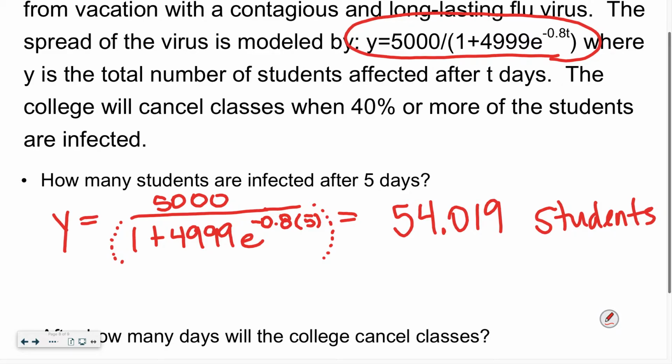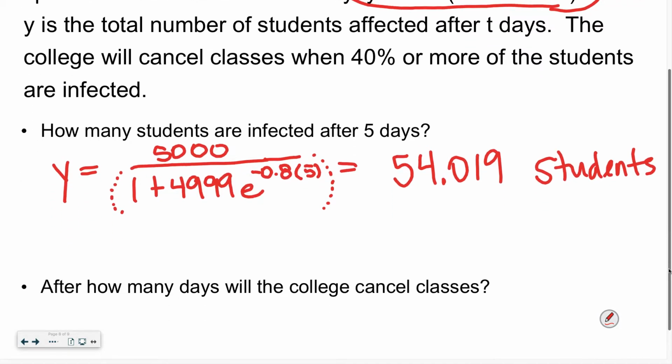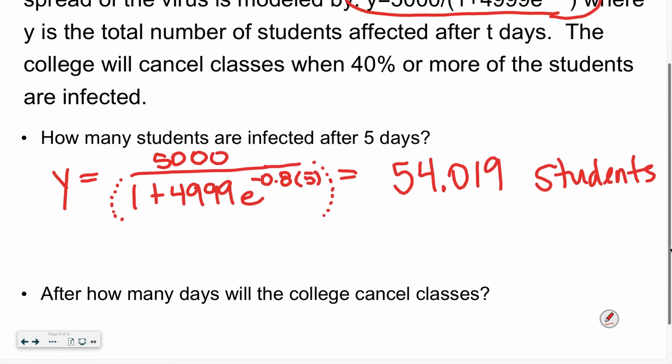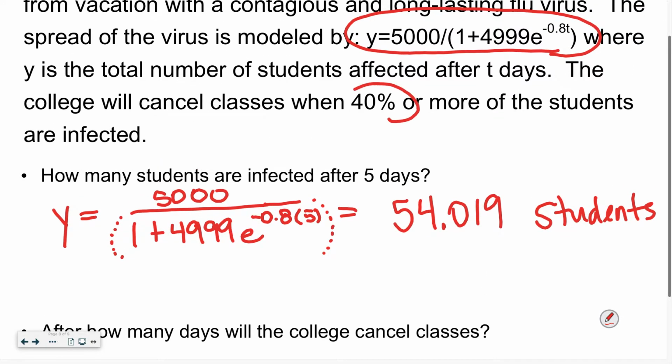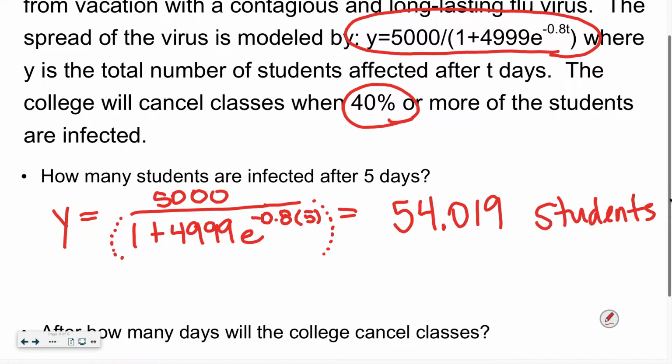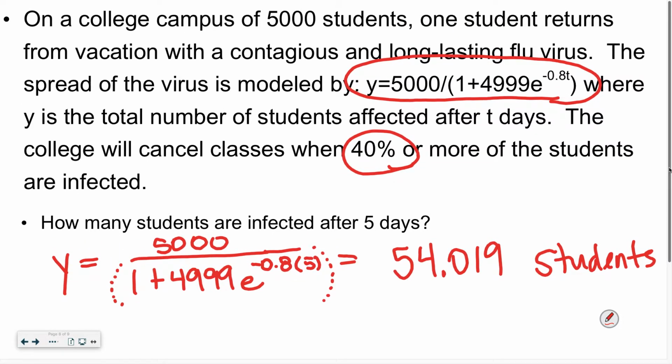Okay. So then part 2, how many days until the college will cancel class? Okay, so they're going to cancel class at 40% or more. I need to know, what is 40% of 5,000?